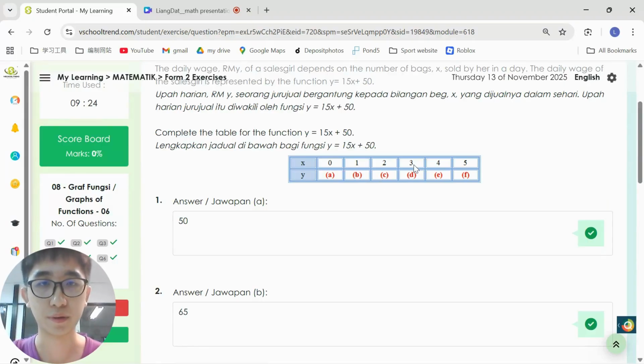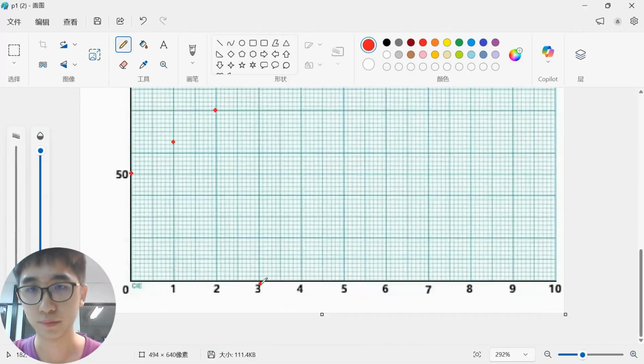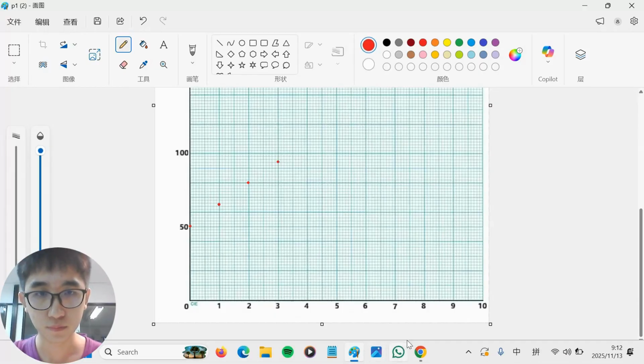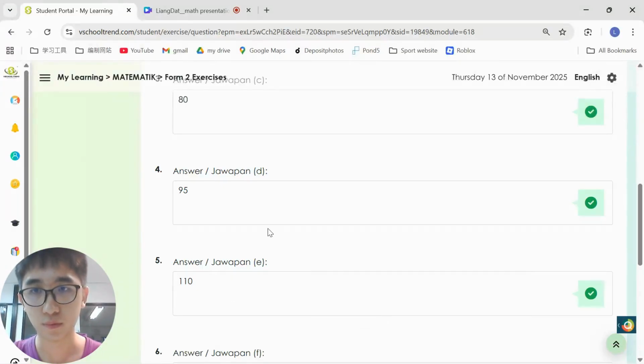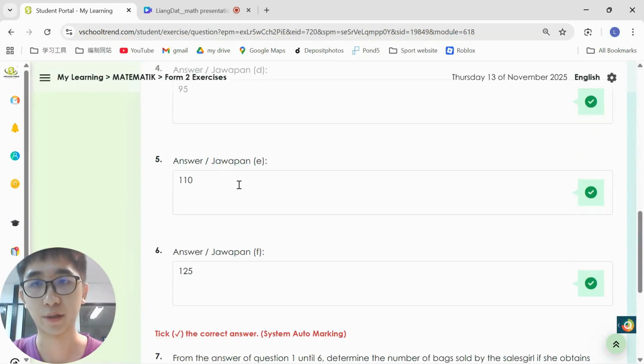When s is 3, the value of y is 95. We need to put a point on 95 at 3. When s is 4, the value of y is 110.